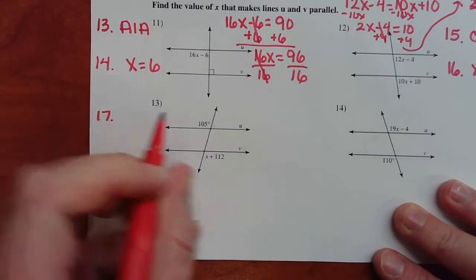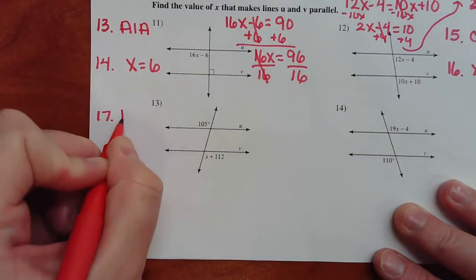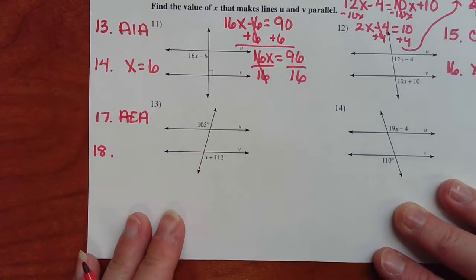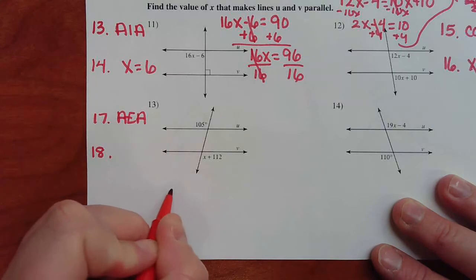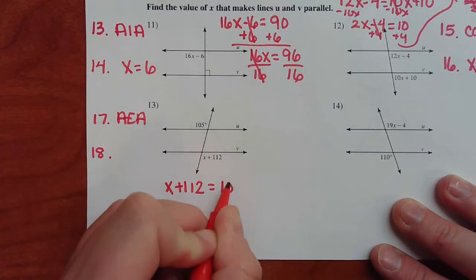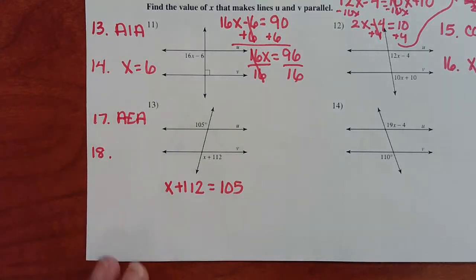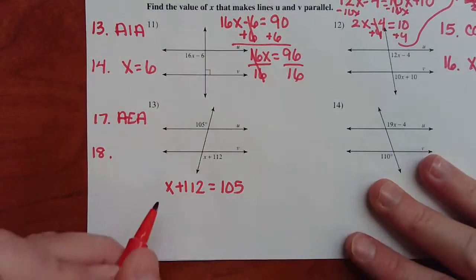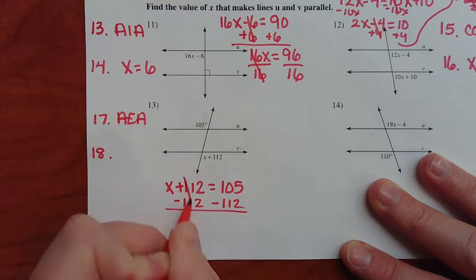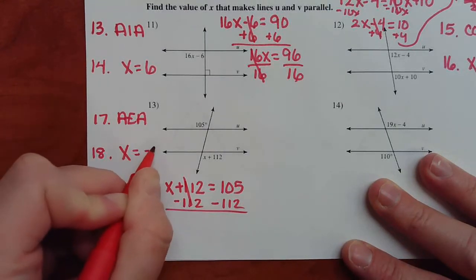17, these angles are alternate exterior angles. Because they are alternate exterior angles, that means that they are equal to each other. So I take x plus 112 and set that equal to 105. A lot of people skipped this one because when you solve for x, you actually do get x to equal -7.